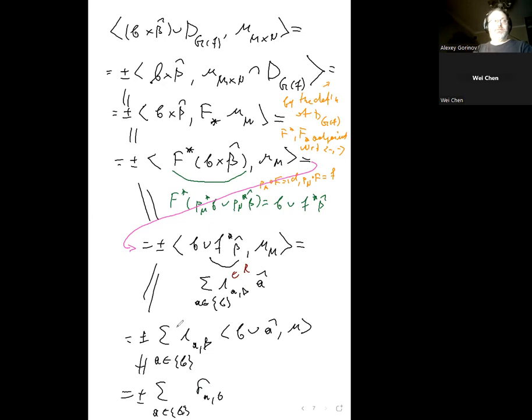And I've forgotten lambda A beta. Sorry.